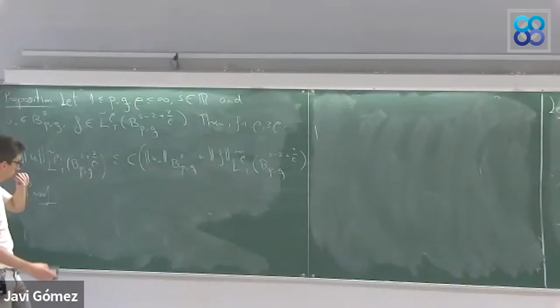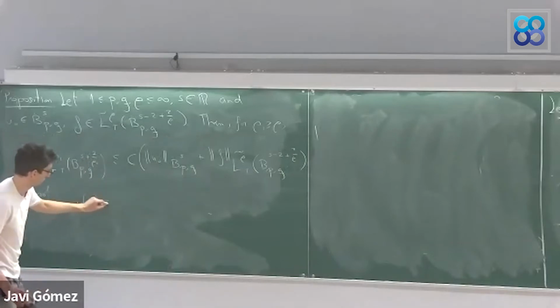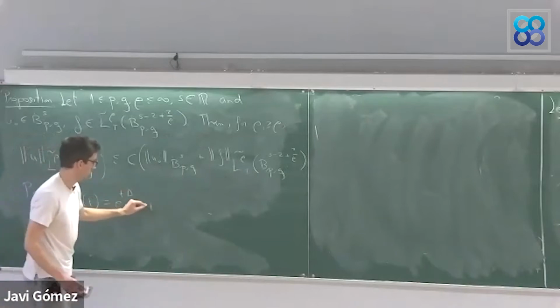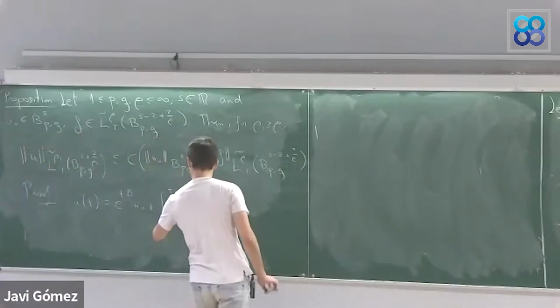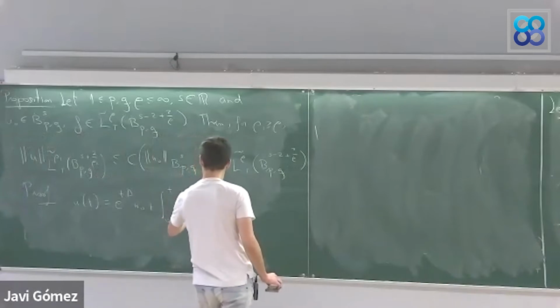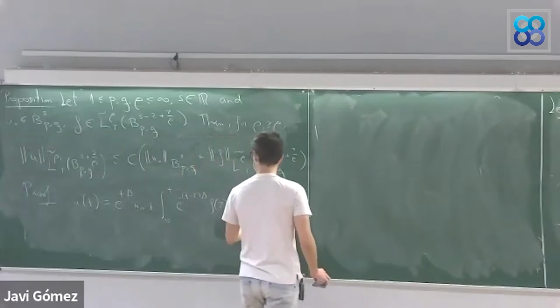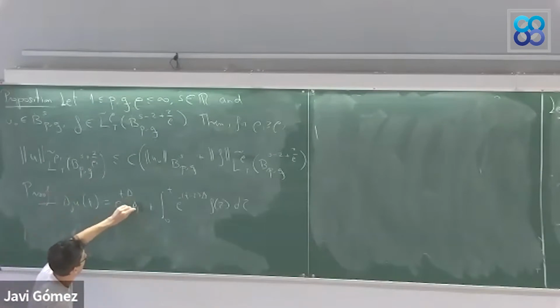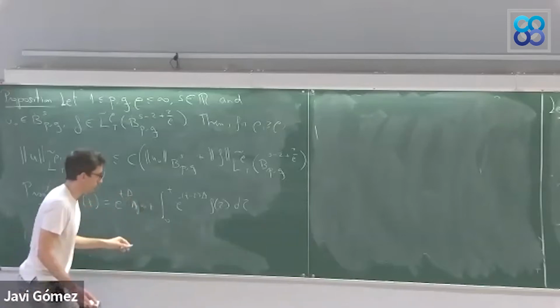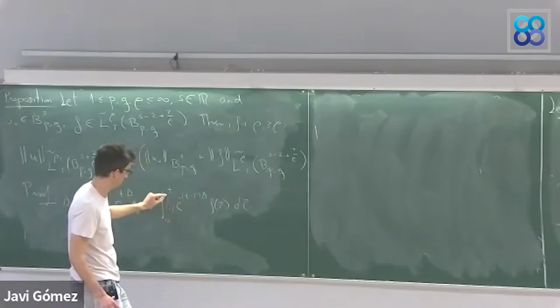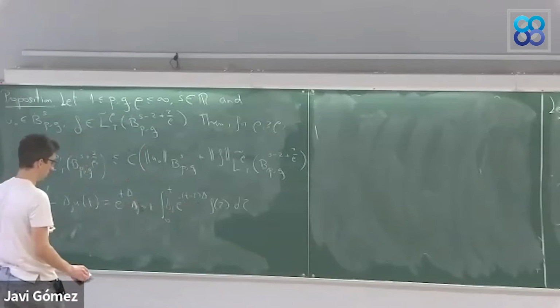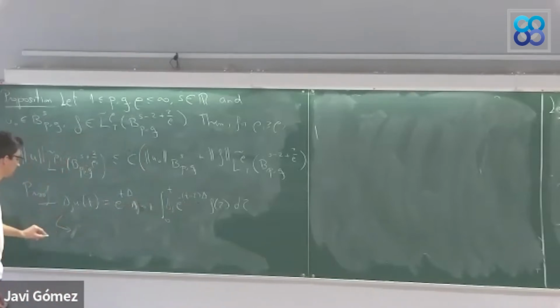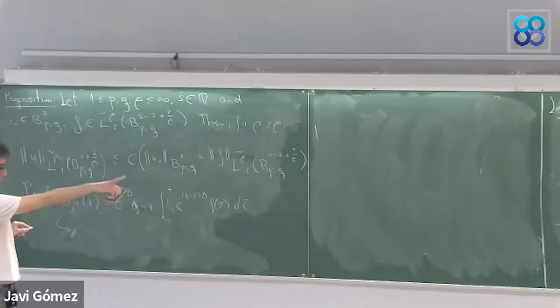So let's take the blocks. Everything here are Fourier multipliers, so they just act like this. Now I use the lemma.